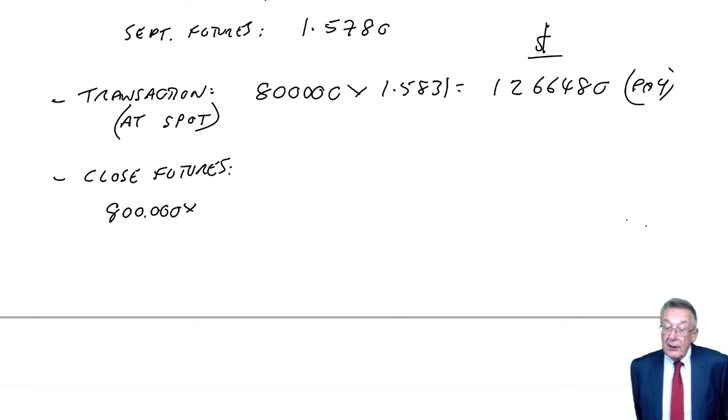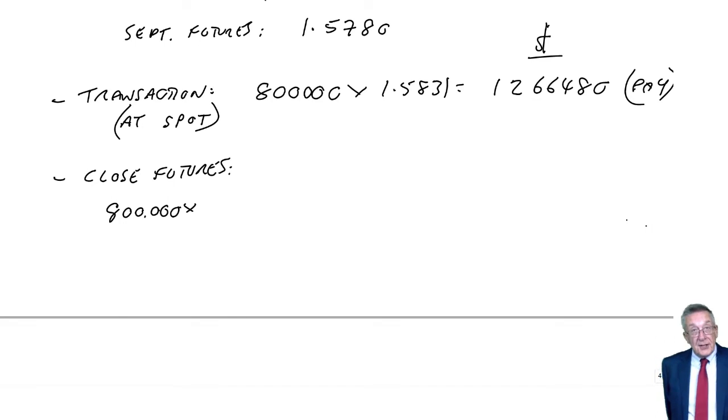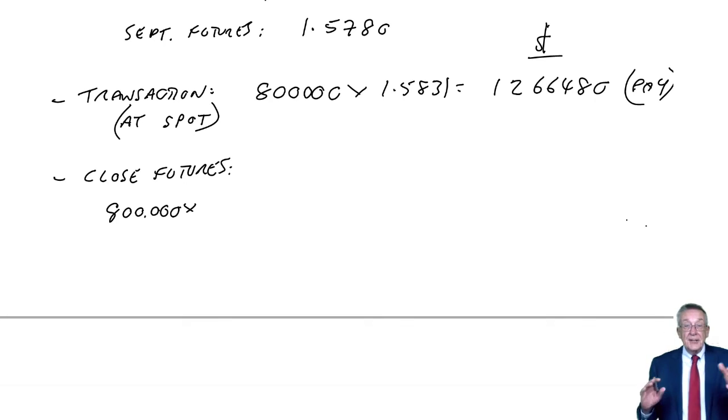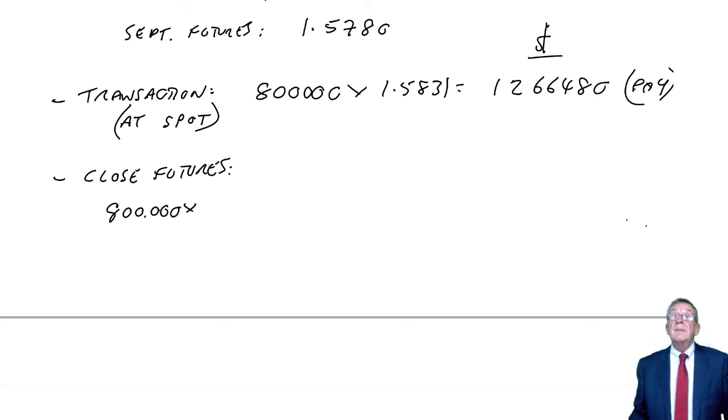I finished the deal on the 10th of August, and we have to sell them. Well, the price on the 10th of August is 1.5780. And so the dealer simply takes the difference between the buy and the sell price. If there's a profit, they pay us. If there's a loss, we pay them.